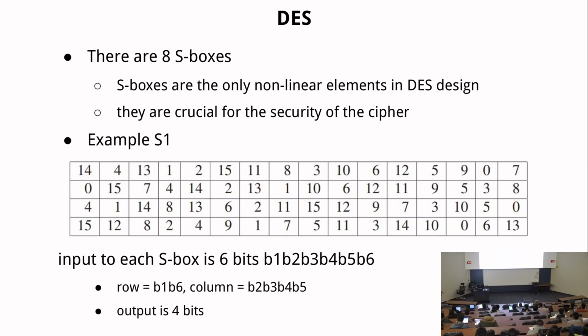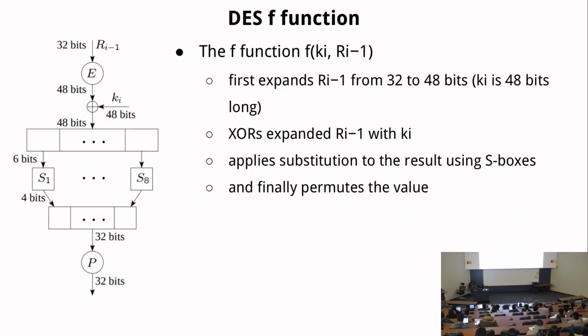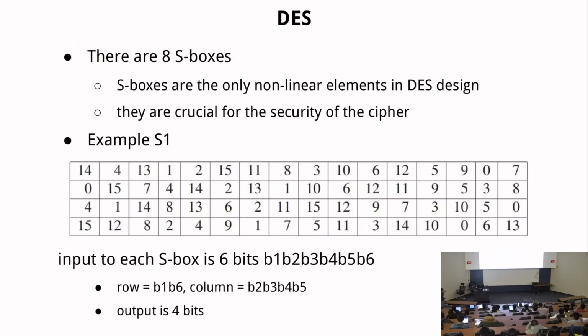So the S function here, one of the S boxes looks like this. So how do we read this? Let's say the input here is 6 bits. We read it as bit 1 to bit 6. Then for the row, there are 4 rows, that's why there are 2 bits, right? So from 00 to 11.